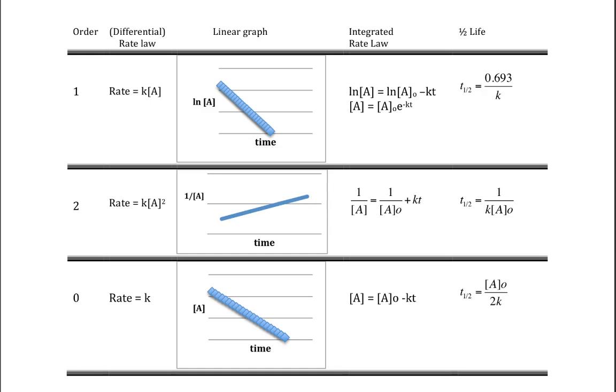The half-life equation is t sub 1/2 equals 1 over k A naught. For a zero order reaction, rate equals k. Our integrated rate law is A equals A naught minus kt. So A versus time gives a linear function with a slope of minus k. The half-life equation is t sub 1/2 equals A naught over 2k.